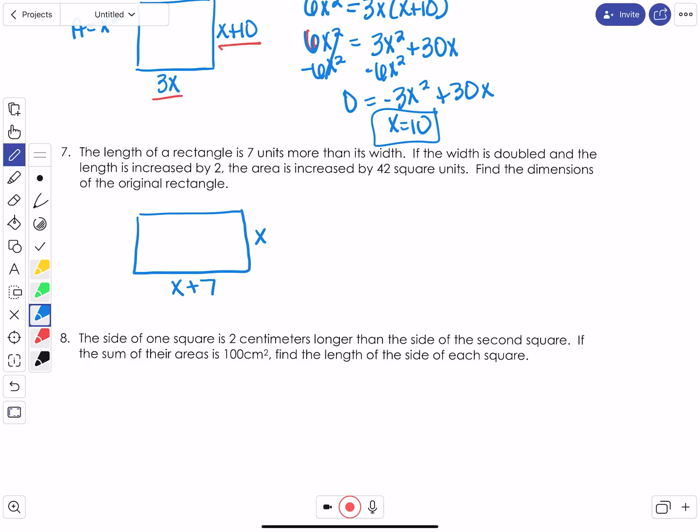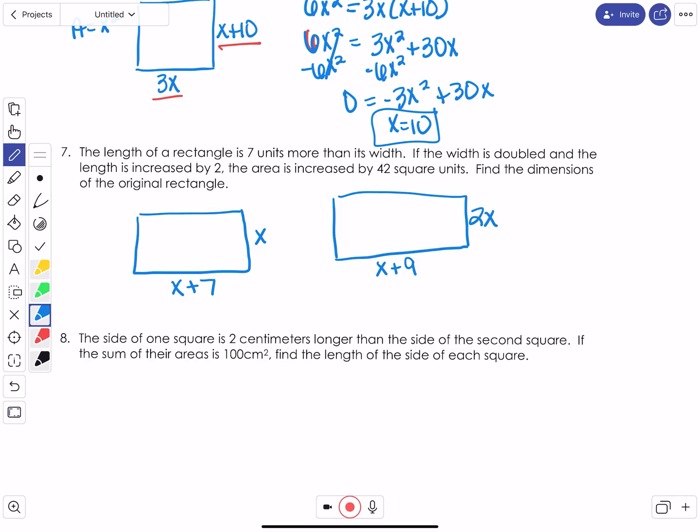Okay, so then we've got this other rectangle over here. If the width is doubled, okay, and the length is increased by 2, well, if you increase that by 2, the 7 becomes a 9, because if we add 2 to that, that's just going to become a 9.